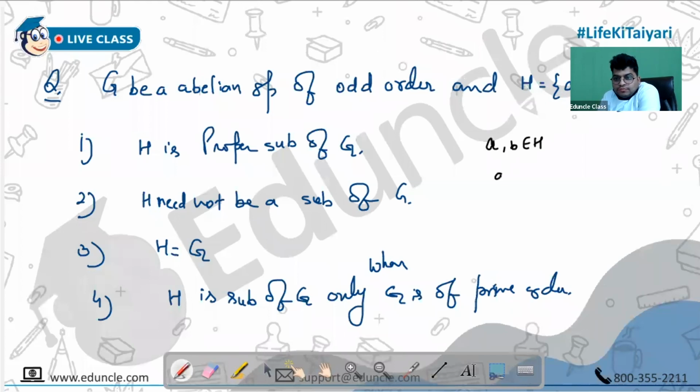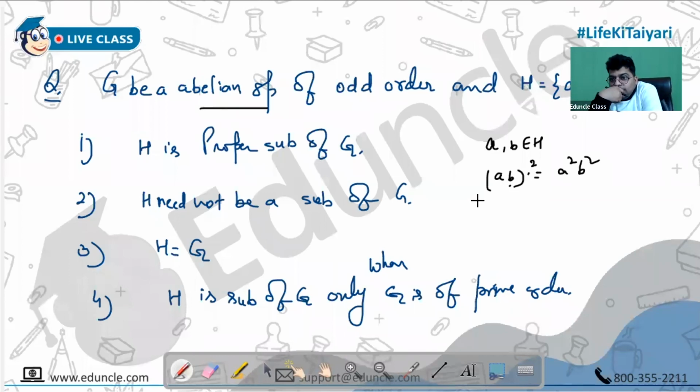AB belongs to H, then AB square is equal to A square B square. Yes or no? Because this is abelian, you are saying abelian. We have to prove that AB belongs to H or not.